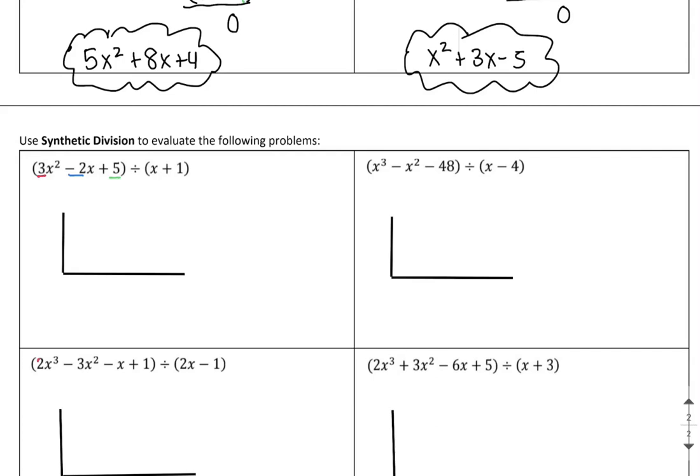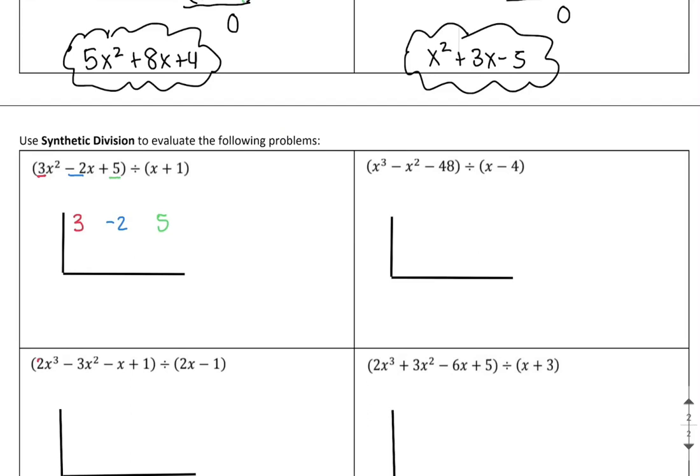And you need to include every power if you use this shortcut, or you will get the wrong answer. So I have every power from x squared down to my constant. So inside of the synthetic division bar, I put 3, negative 2, and 5.